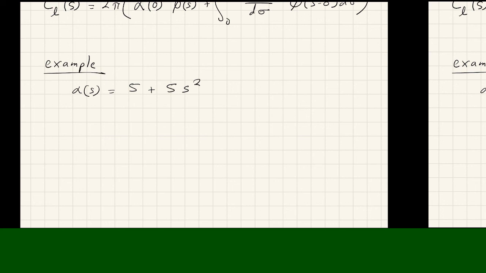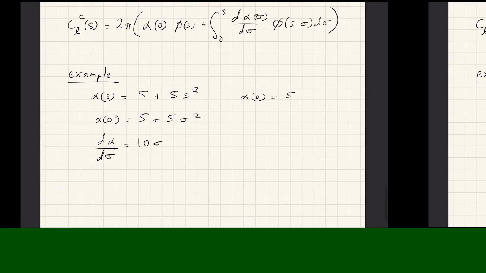Now that means that alpha of 0 is equal to 5, and alpha of sigma is just replacing variables, and doing so to the derivative, d alpha d sigma is just 10 sigma.